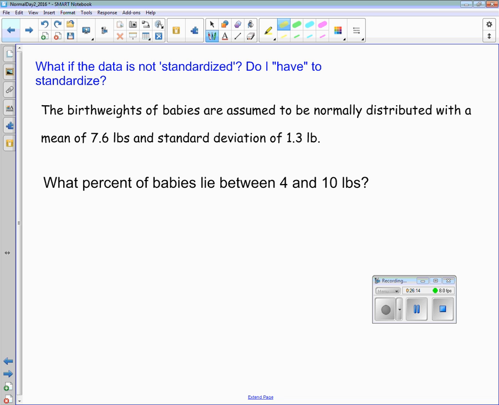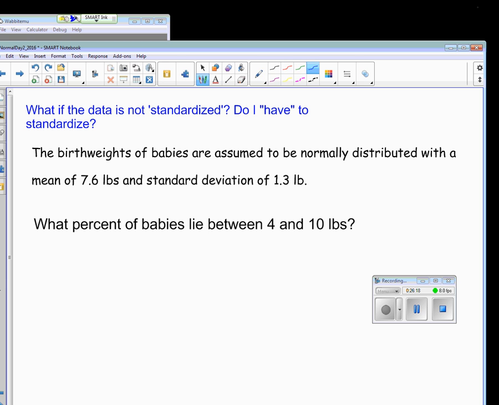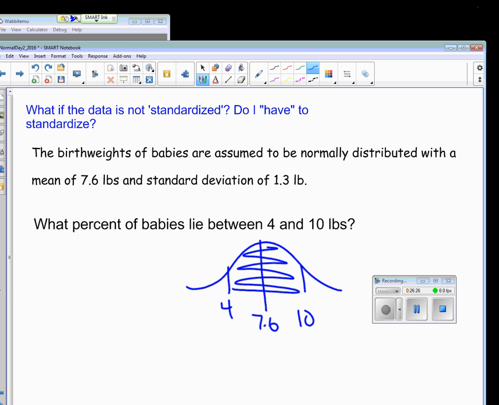Because of this. If you look at your calculator, remember what the question is saying. Between 4 and 10 with a 7.6, we're looking at shading here, right? That's the question.